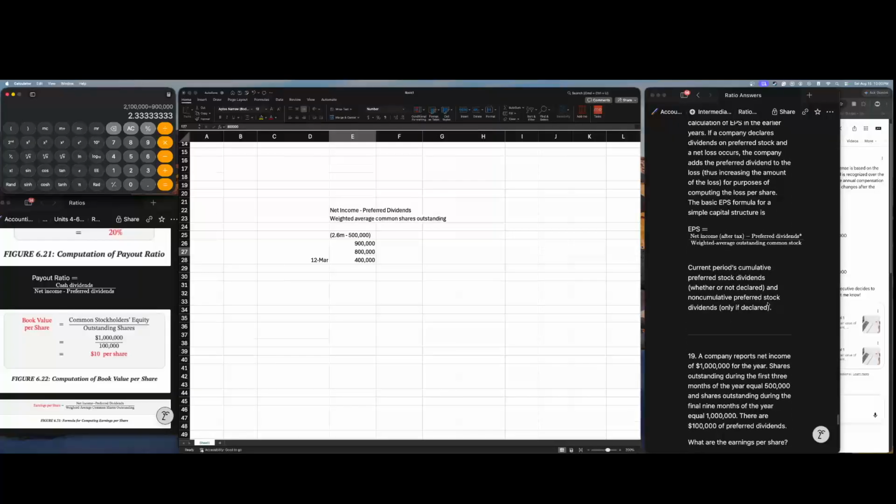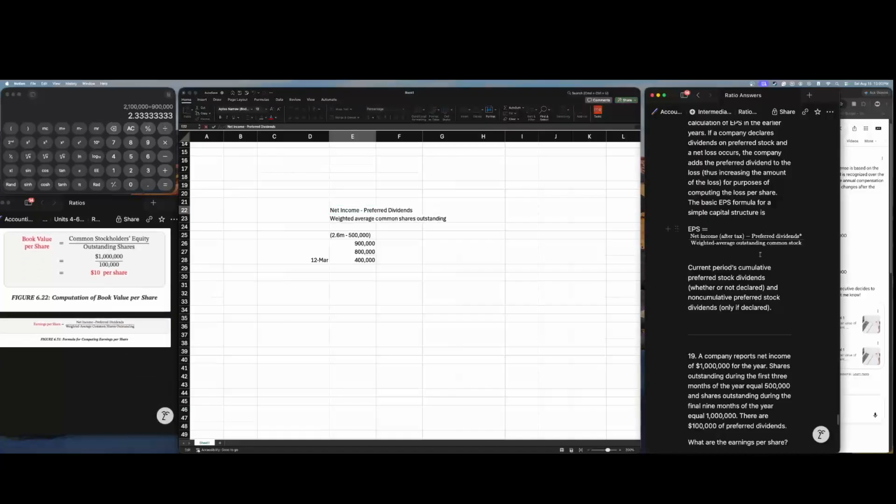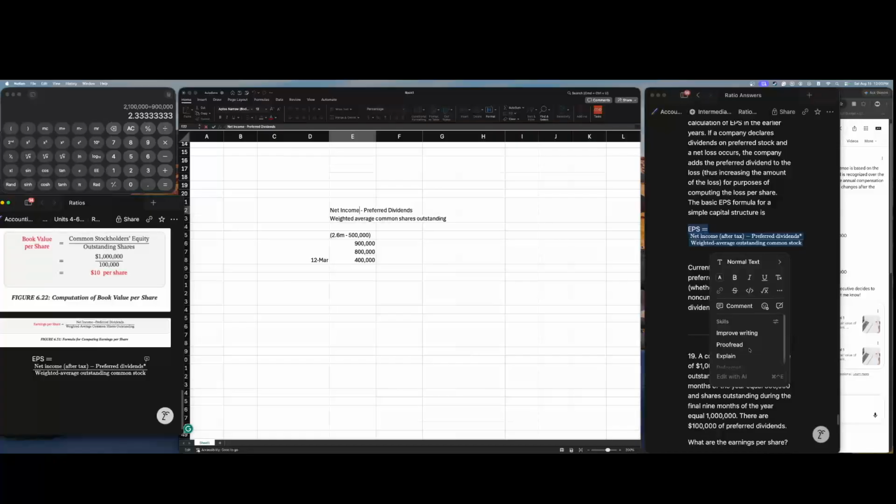Net income after taxes. It's very important that it's net income after taxes.